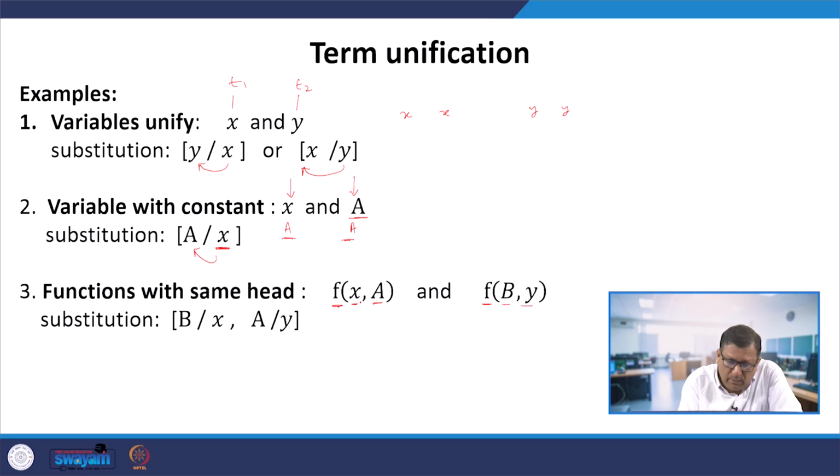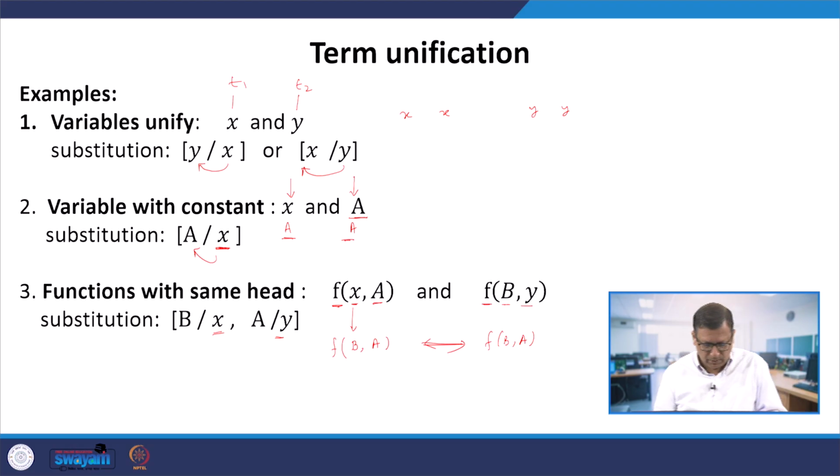So here x is replaced with b, and y is replaced with a. A variable replaced with a constant is a term, so now they look the same.